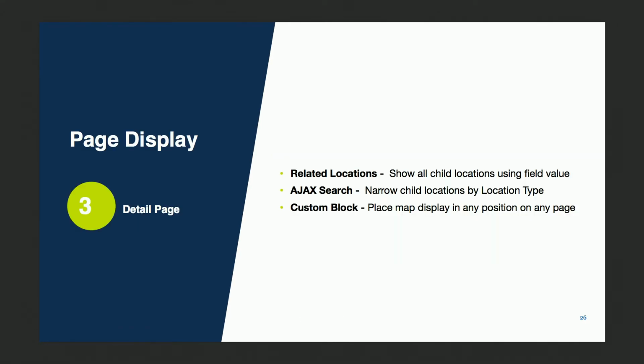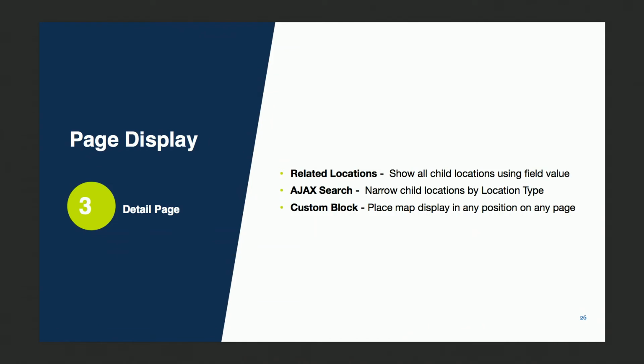And for a park detail page, we had to show all those child locations from the main park in that map that we just looked at. Also, it narrows the child locations when you type in the search box in that map, and it filters as you're typing the location type, so it's kind of neat.